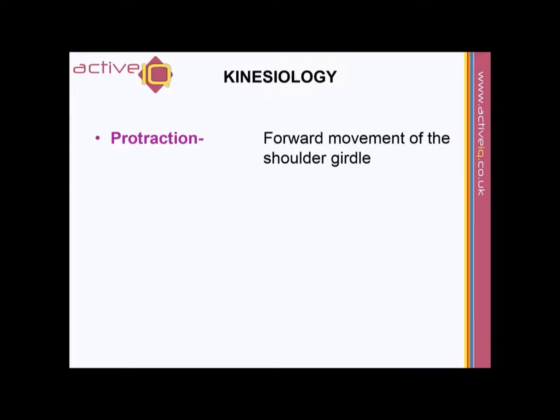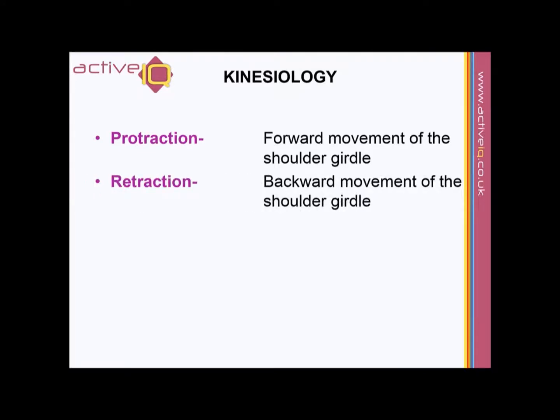Elevation is the upward movement of the shoulder girdle, so if you shrug, that's an elevation movement, and depression is the return of a shrug, so a downward movement of the shoulder girdle. If we protract something, that's a forward movement of the shoulder girdle, so bringing the shoulders towards the front of the body, and to retract them is to take them back, so a backward movement of the shoulder girdle towards the back of the body.